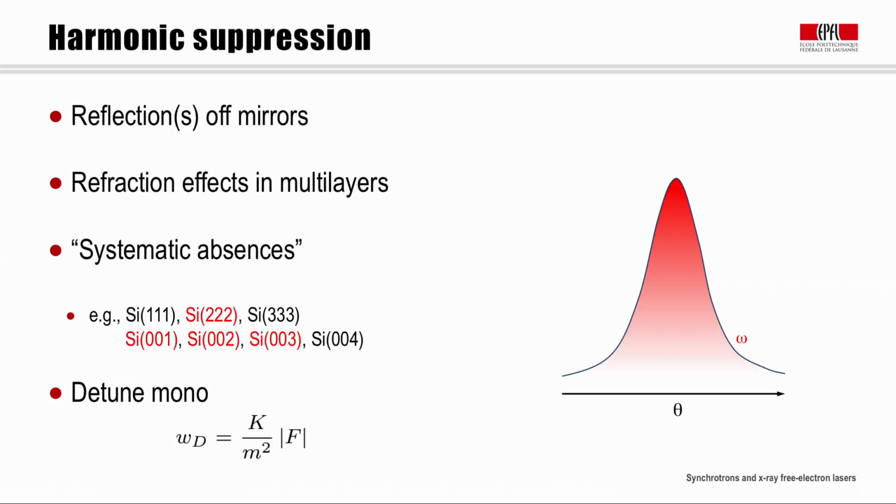Well, there are. One simple approach is to use crystals which suppress certain higher energies because the associated reflections are forbidden. This again is called a systematic absence. For example, for reasons of symmetry within the unit cell, the reflections highlighted in red for silicon 111 and silicon 001 crystals are all nominally forbidden.